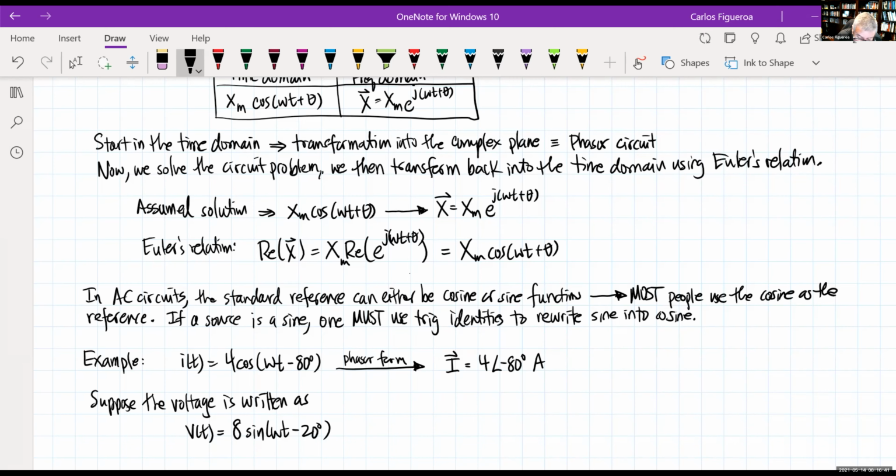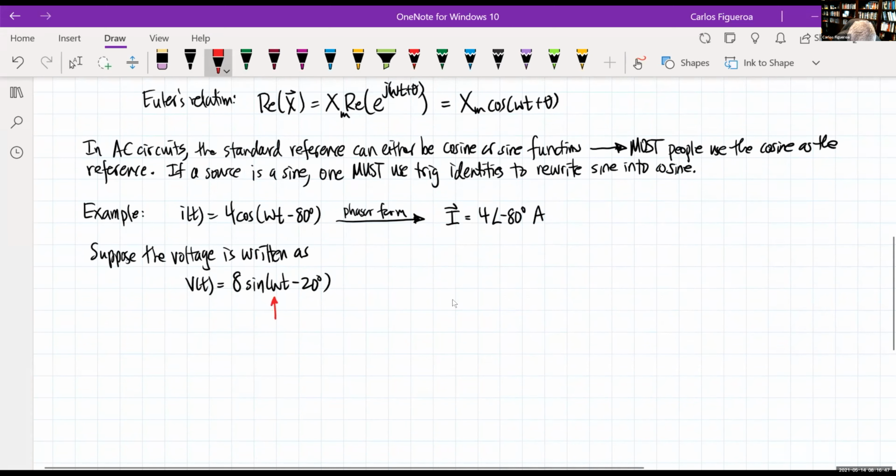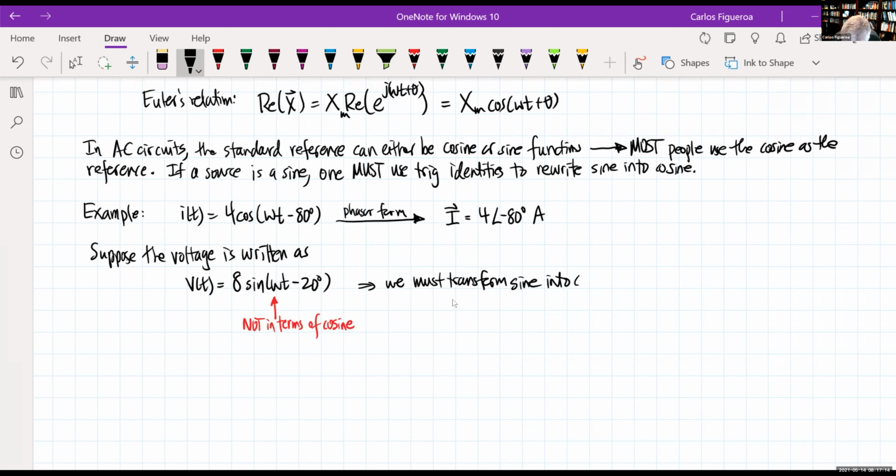This immediately tells us it's not in terms of cosine. So the very first thing you have to do is transform this into cosine, because that's the reference. So we must transform sine into cosine. It's not a big deal, but that's what we have to do.